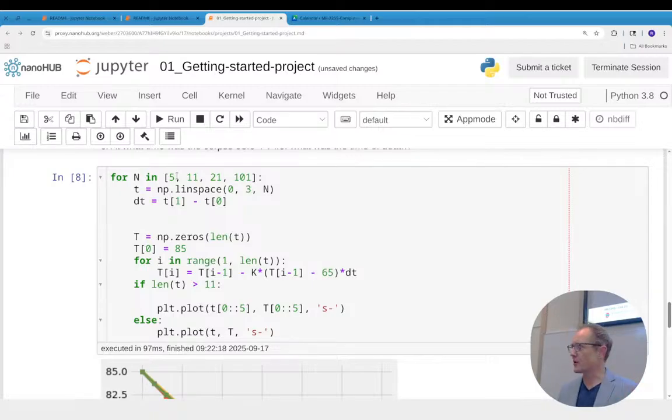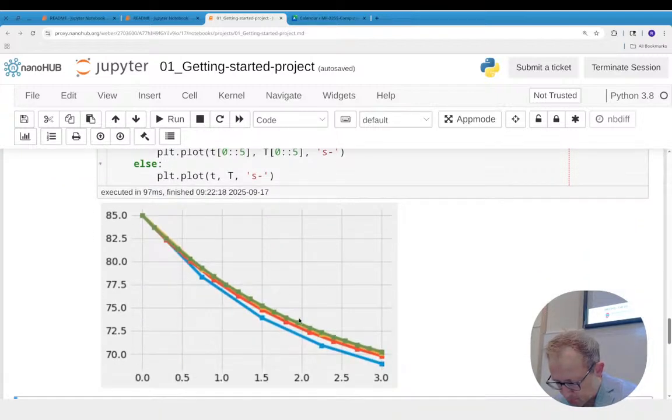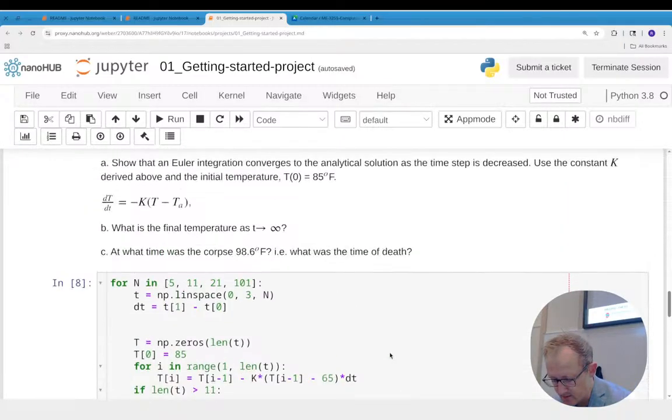If you're going 0 to 3 and you take 20 steps, that's smaller than taking 5 steps. And my dt keeps changing. So one way to show that it is converging is to just visually look, things are going towards the line that I want it to.